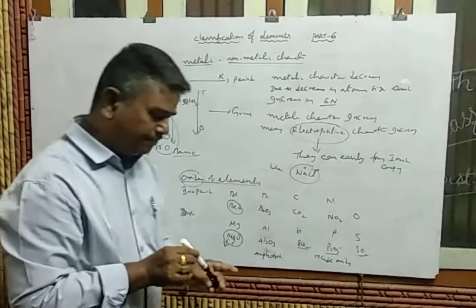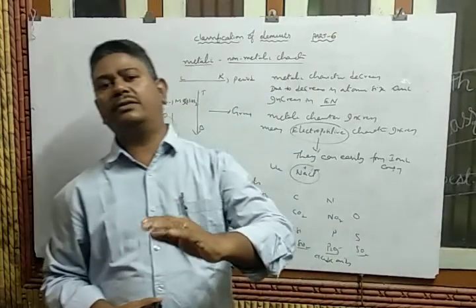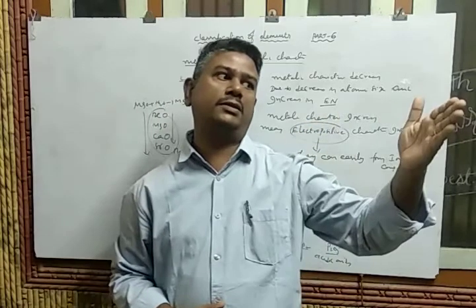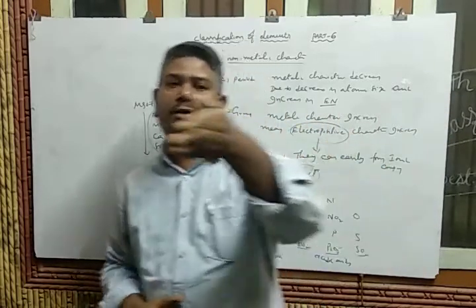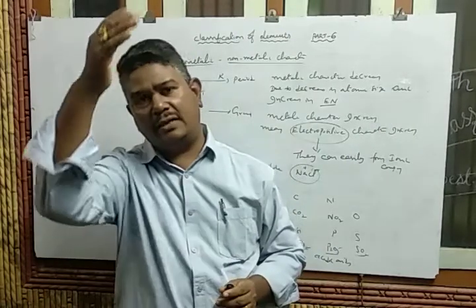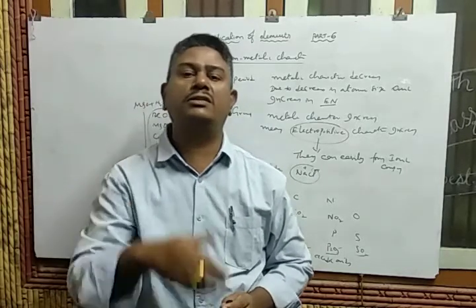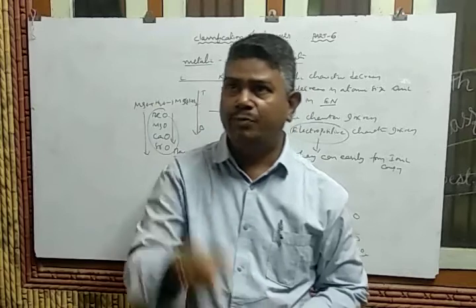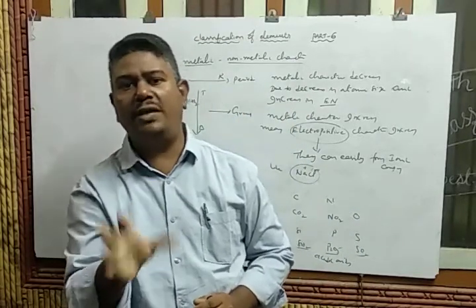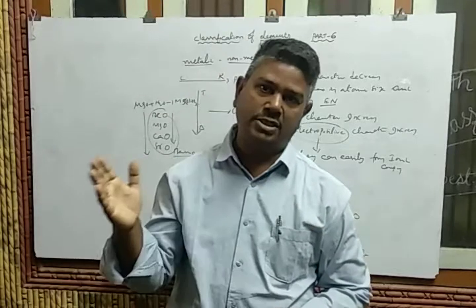So in a period from left to right, the oxides' nature changes gradually: metallic oxides are basic and non-metallic oxides are acidic. Whereas in a group, the metallic character increases from top to bottom, so the metallic oxides also increase in basic nature. That's why in a group the oxides are purely basic, whereas in a period they change from basic oxides to acidic oxides.